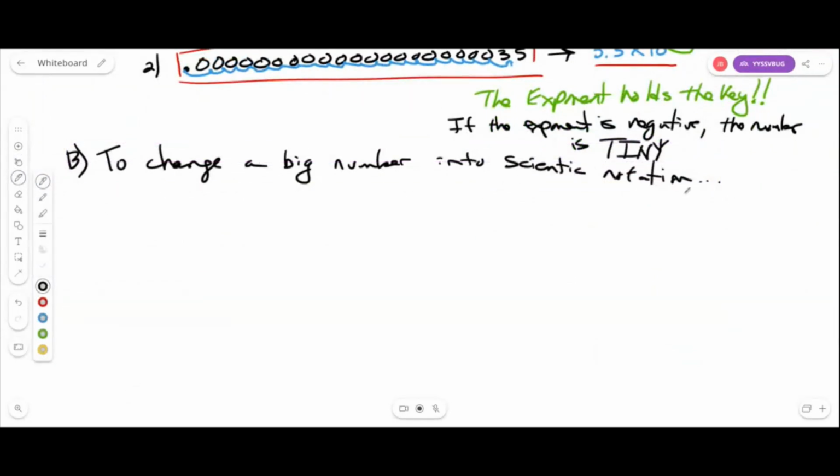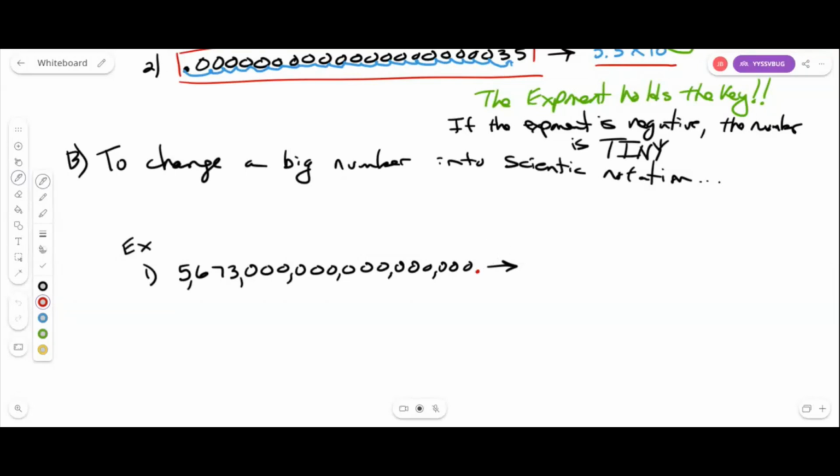So if we're going to take a big number and rewrite it in scientific notation, let's look at an example. The first thing that we have to do is look at where the decimal point is right now.